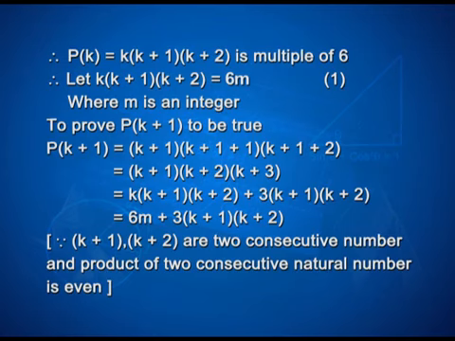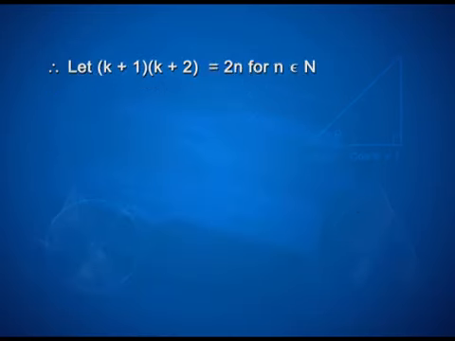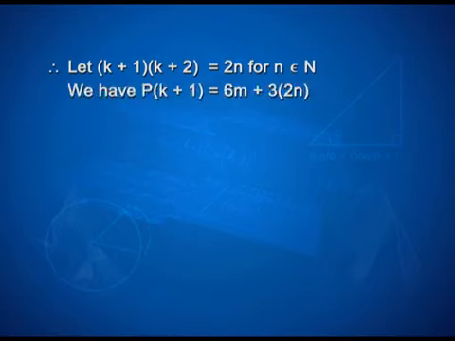Here we are using a property in algebra. Since k plus 1 and k plus 2 are two consecutive numbers and product of two consecutive numbers is even, we can write this expression as let k plus 1 into k plus 2 is equal to 2n for n belonging to N. Therefore, we have P of k plus 1 as 6m plus 3 into 2n.